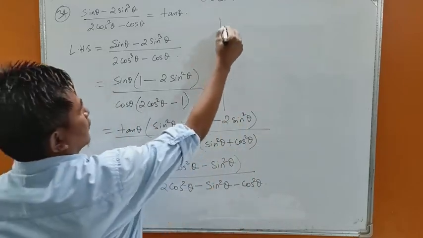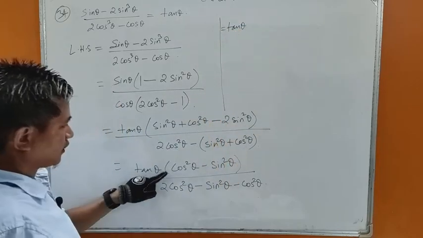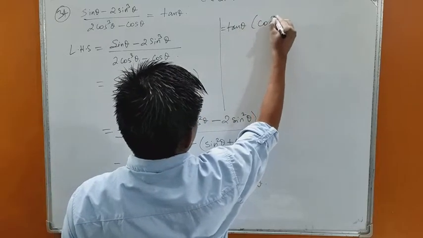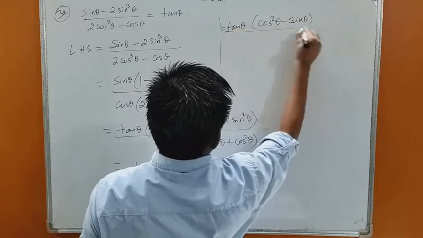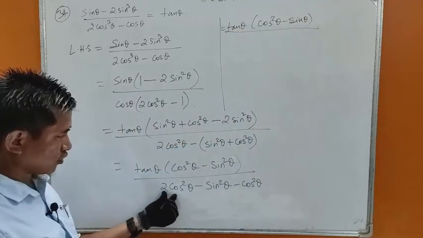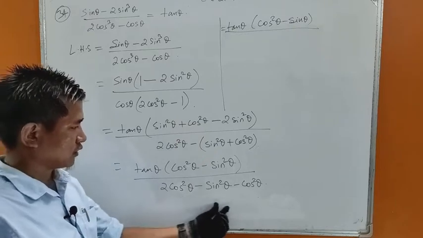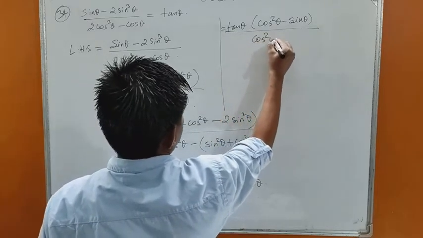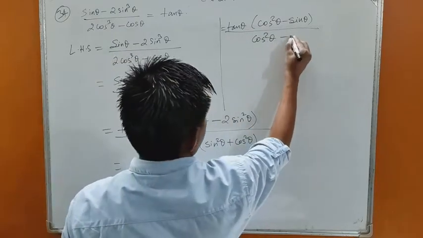This tan theta comes as it is, tan theta into (cos square theta minus sin square theta) whole upon, in the denominator we have 2 cos square theta minus cos square theta. 2 cos square theta minus cos square theta is cos square theta, isn't it? So minus sin square theta remains.